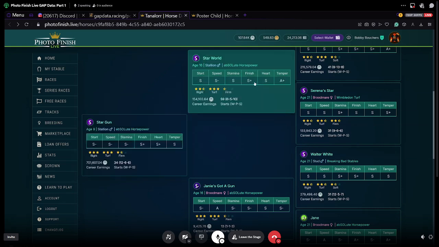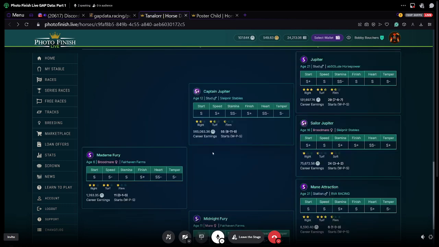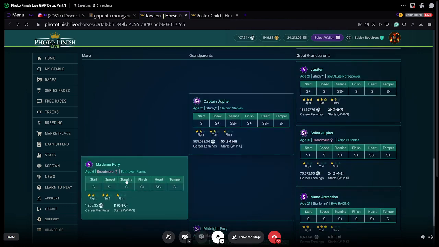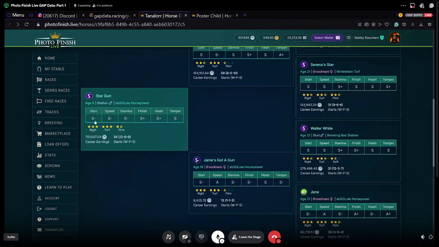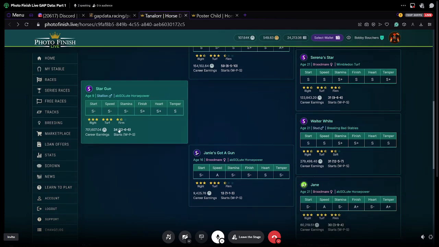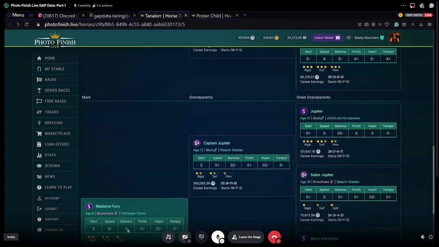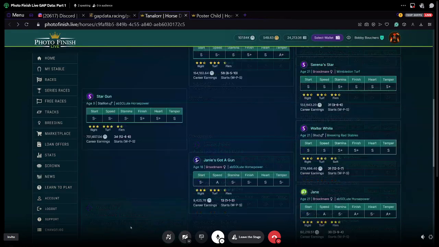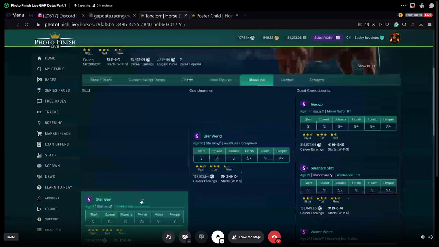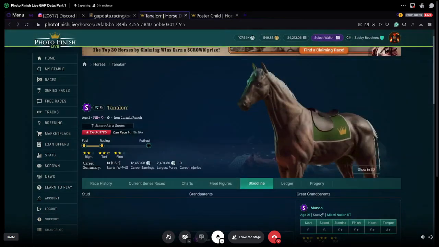He got the top of both the parents, but he's got S minus, S minus, S minus in the front. So this is probably the biggest problem with this horse: he has a real stomper finish, but he's always too far back to come back and win it at the end.